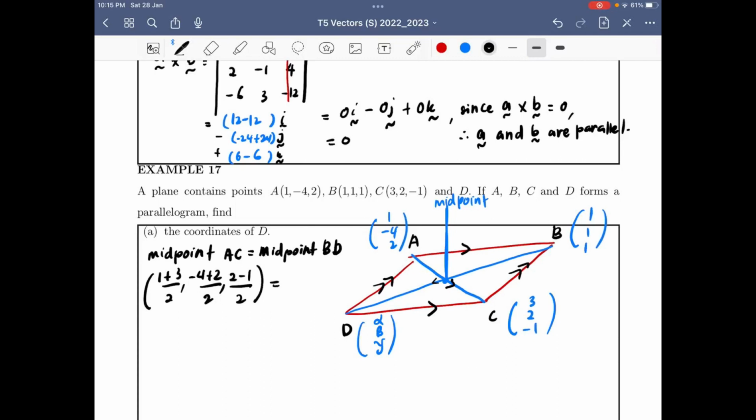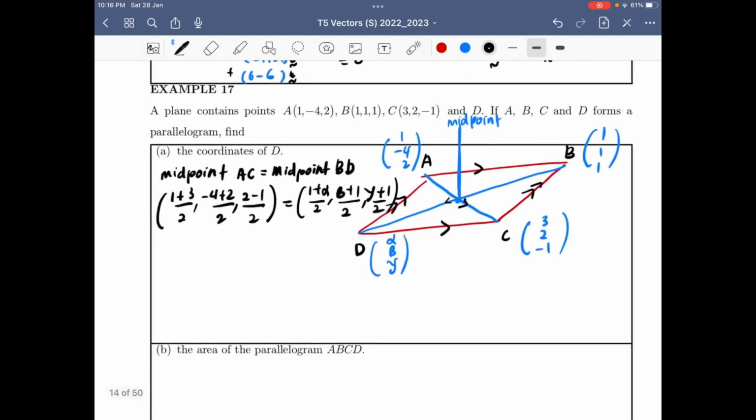Equal to midpoint BD. So 1 plus alpha divided by 2, and then beta plus 1, or 1 plus beta divided by 2, last one gamma plus 1 divided by 2, or 1 plus gamma divided by 2, similar.